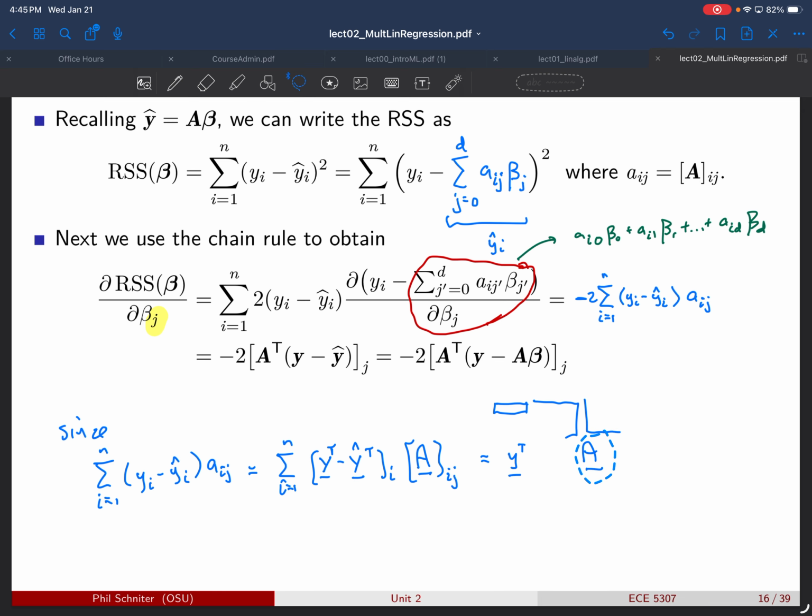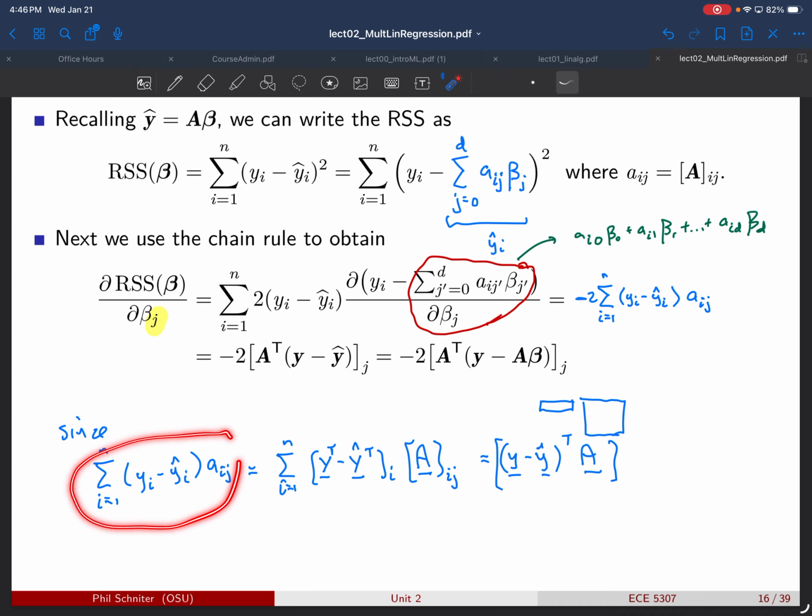So we have y minus y hat transpose A. And one other thing is, what I have now is only the jth entry, right? Because here we have a scalar, and I haven't yet put in the fact that I'm just looking at the jth entry.